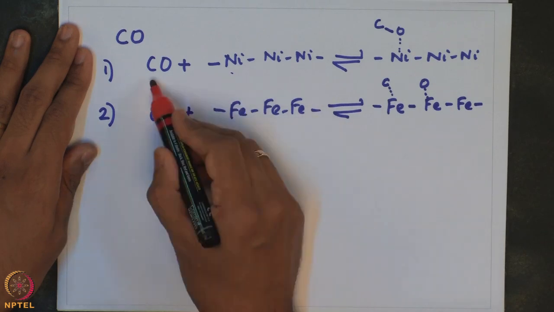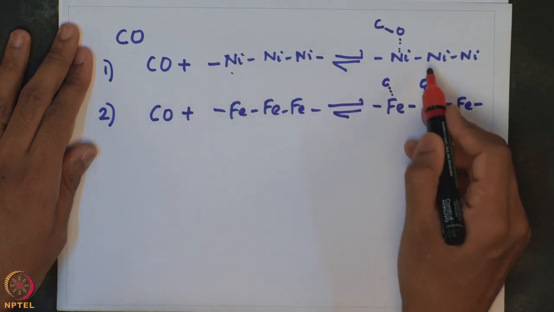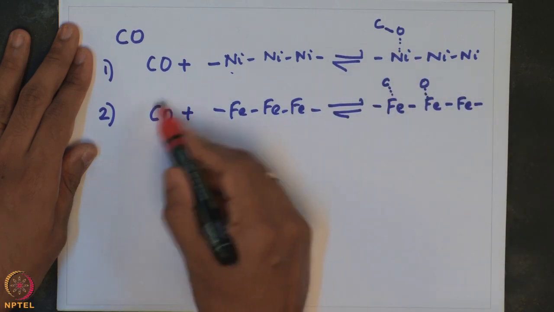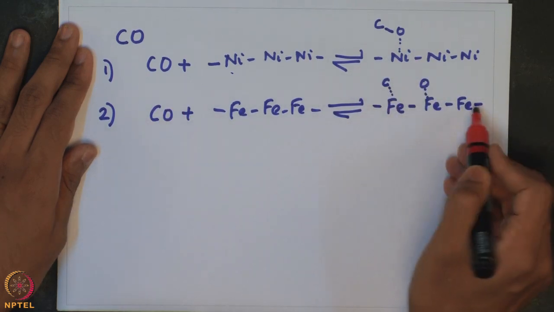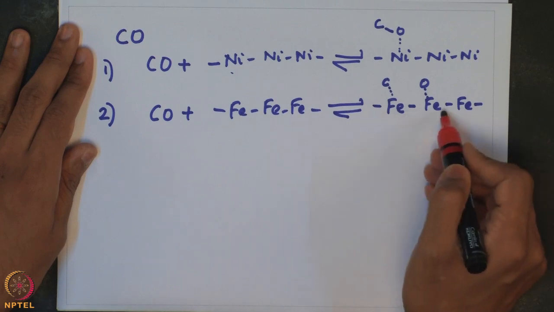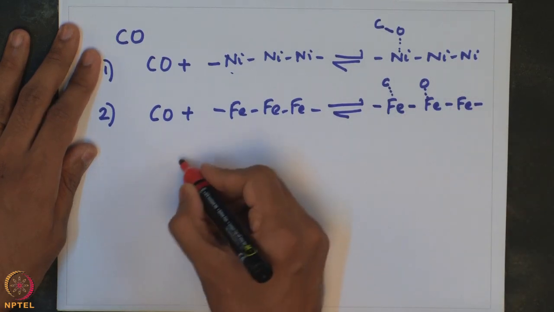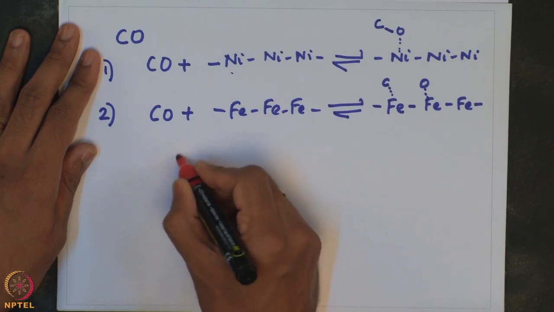One could be that the whole molecule by itself goes and adsorbs onto the active site, or the molecule can dissociate itself and the individual species can go and adsorb onto the active sites. So, clearly there are two possible ways by which adsorption can happen.